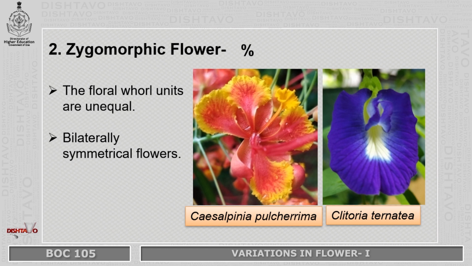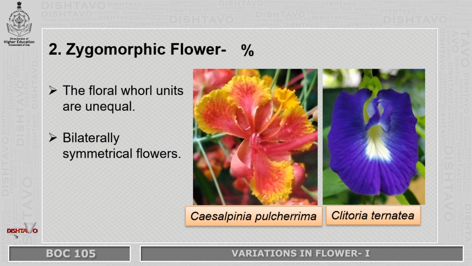The second type of flower is a zygomorphic flower. In zygomorphic flower, the floral whorl units are not of similar shape and size. There is a variation in the shape and size within the floral whorl units.